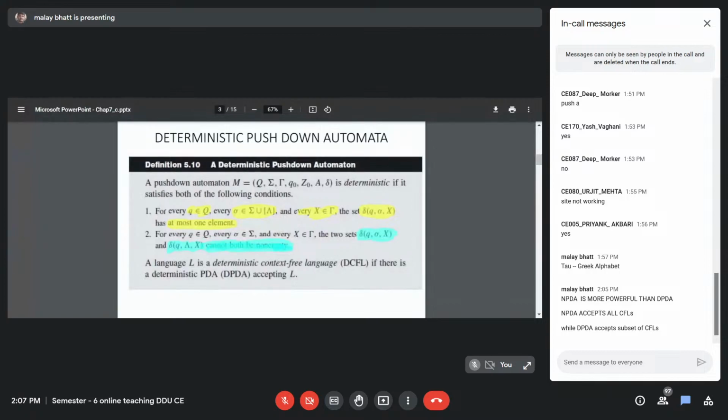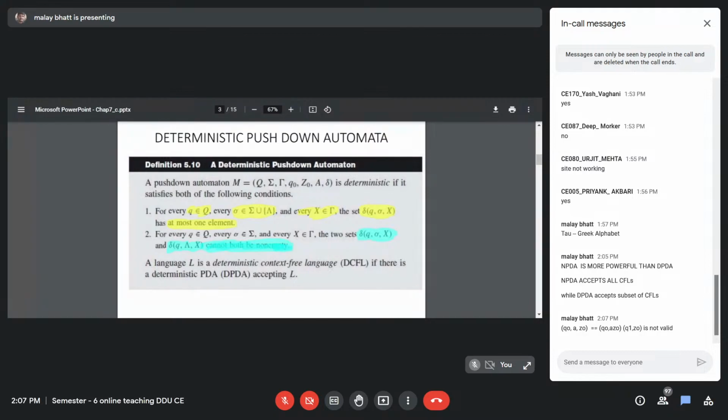As you can see in the previous example, we are writing Q0, A, Z0 and we have two alternatives for that: Q0, A, Z0 and the second one Q1, Z0. This is not valid in a deterministic push down automata.